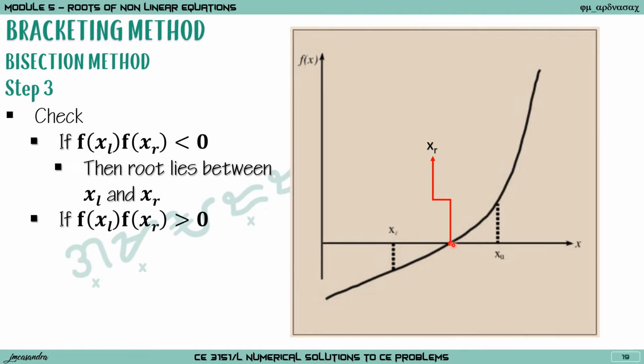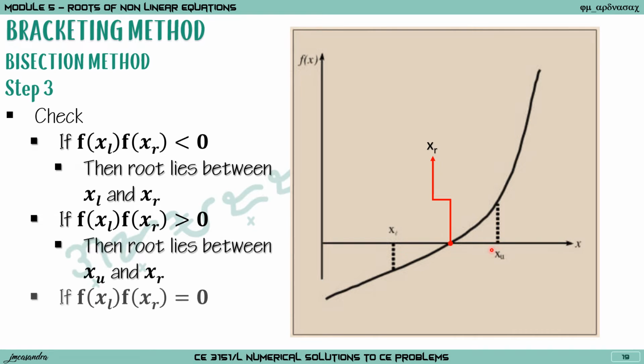If the product is greater than 0, then our new limits or boundary will be between XR and XU. And if the product of the function of XL and the function of XR is equal to 0, it means that XR is our root of the equation.